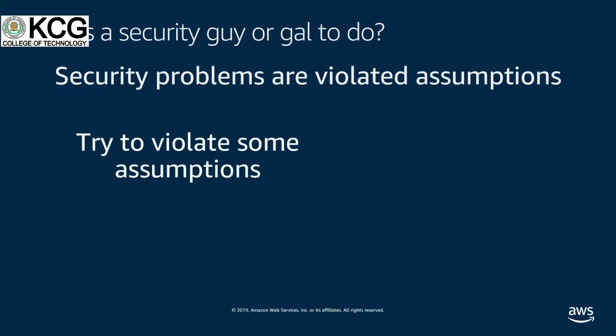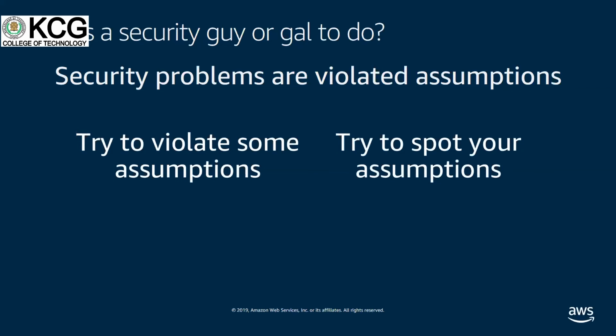So the basic thing that the automated reasoning group did, and a lot of security engineers, of course, not just them, that came before them, is they try to violate some of these assumptions that you made for a system, right? If you said the system has to operate at, let's say, 100 packets per second, what happens if I pump 1,000 packets per second, right?